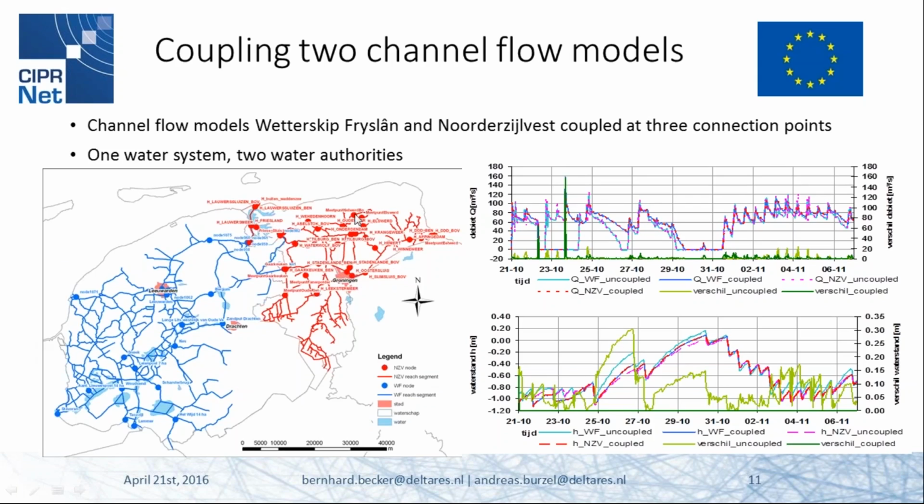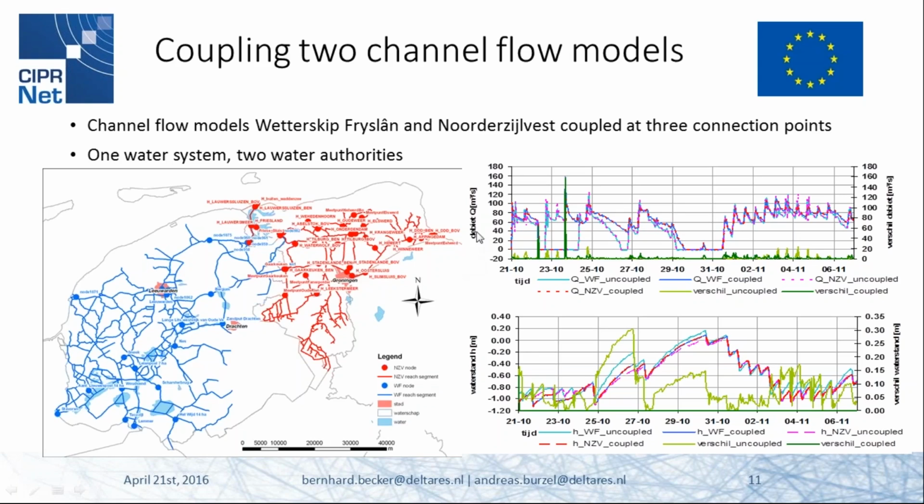This is the northern part of the Netherlands, and these two models are coupled at 3 connection points here, and that's the second one and the third one, so they have shared boundaries. But in fact this is one water system but 2 water authorities, and the water does not care about this administrative boundary here in between. And so it makes sense to couple these two models in order to represent the water system as a whole.